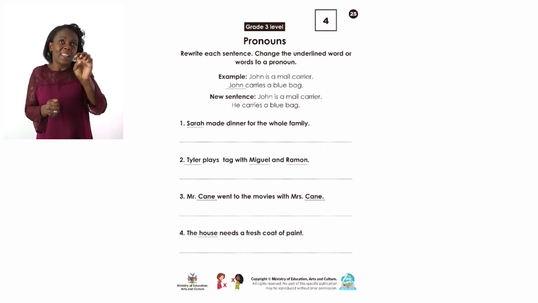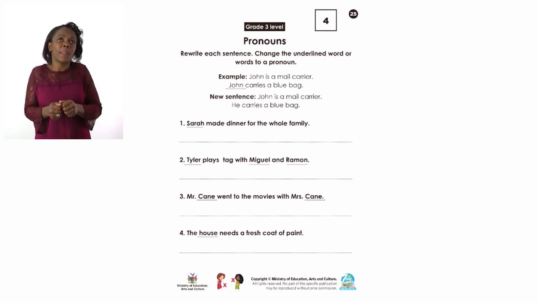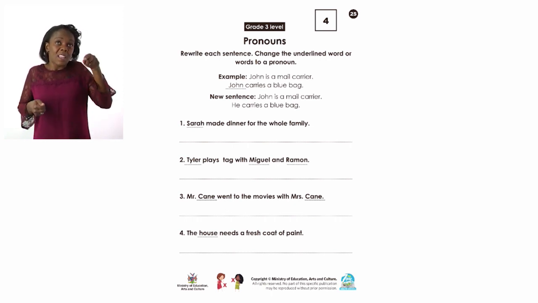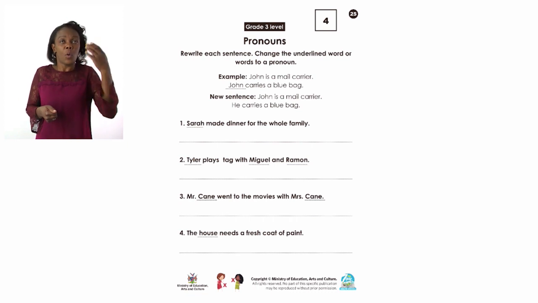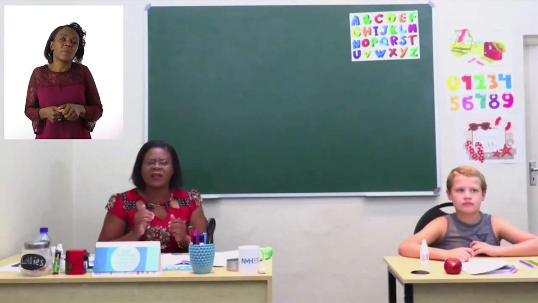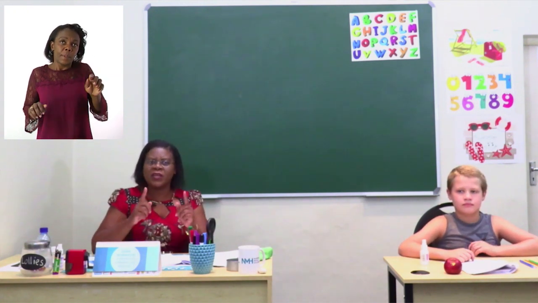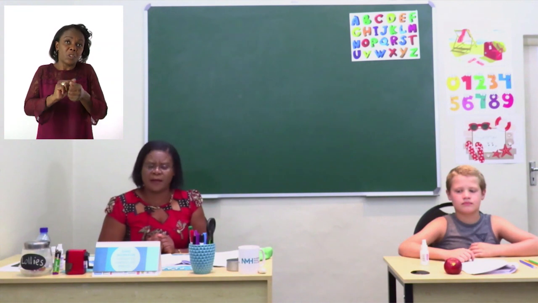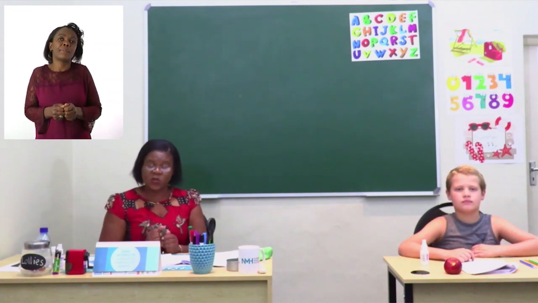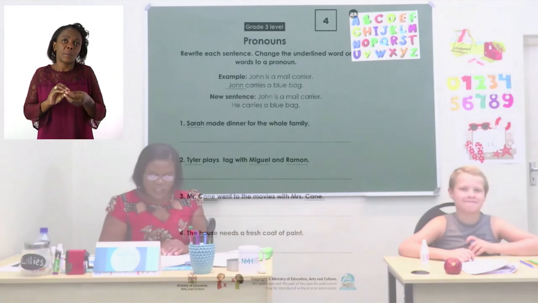And the second one, "John carries a blue bag," we are going to say, "He carries a blue bag." Because now John is a boy and we don't want to be calling him John, John, John all over and again. We are just going to say "he". We say, "He carries a blue bag." Okay, are we still together? I hope so.